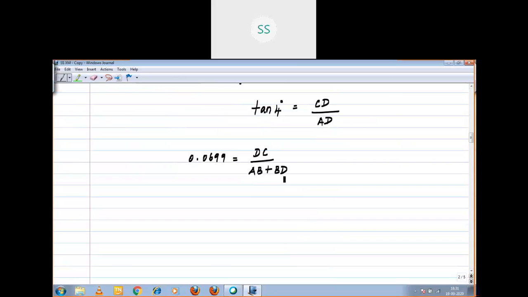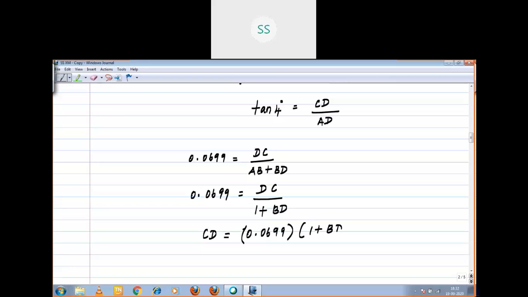Tan 4 degrees value is given to you: 0.0699. So 0.0699 equals DC divided by AB plus BD.